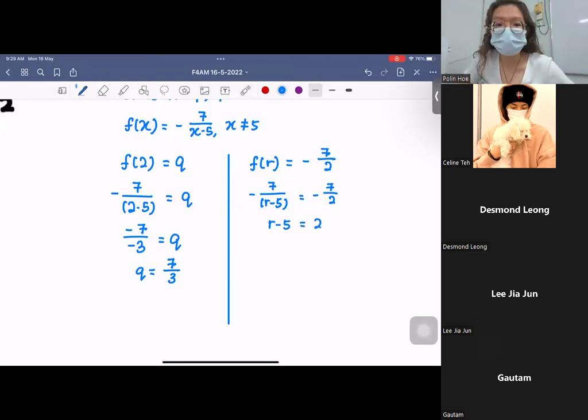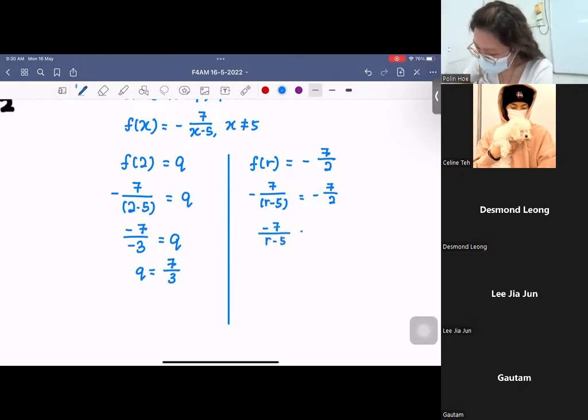Can you? Yes or no? Okay, it's okay. Assume you don't know. Then you write like this: negative 7 over R minus 5 is equals to negative 7 over 2.